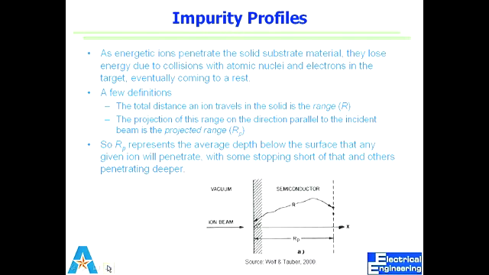They lose energy due to collisions with nuclei and electrons, and eventually they stop. So Rp represents the average depth below the surface that an ion will penetrate. Not every ion will penetrate to the same depth, so that's why you have to define an average. With an average, what is the other important factor you need to know? Deviation.